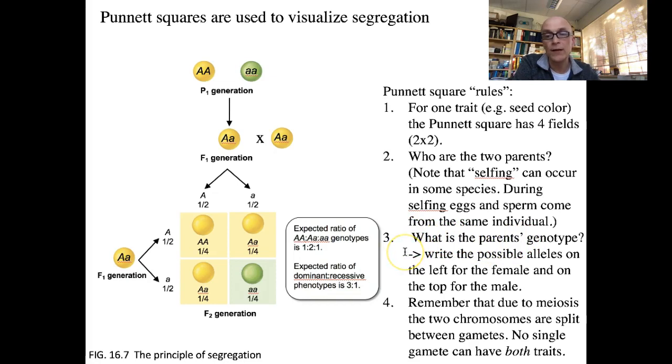Okay, so now then you have to ask, what is the parent's genotype? In this case, the genotype is one allele, let's call it the big allele, from one parent, and the small allele, the little allele, from the other parent. And in this particular case, where we have a dominant and a recessive trait, we usually use a capital letter for the dominant and a small letter for the recessive trait.